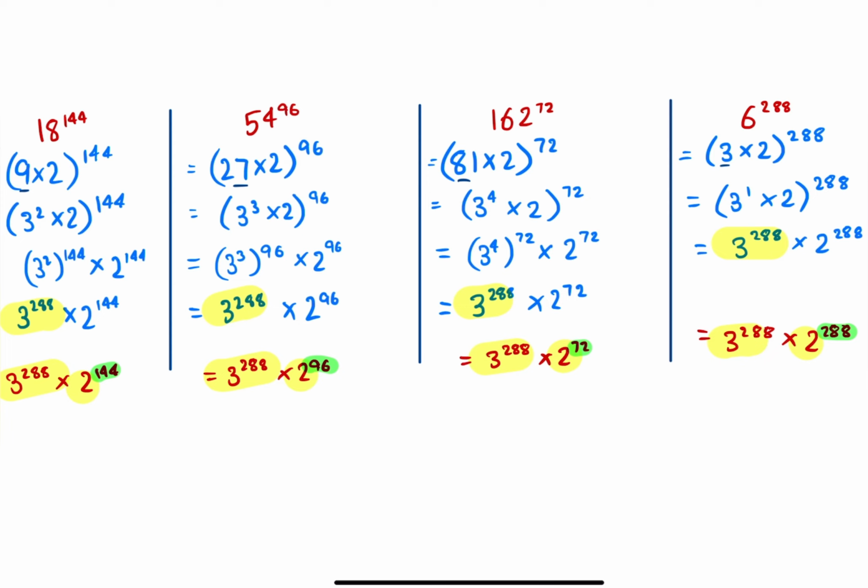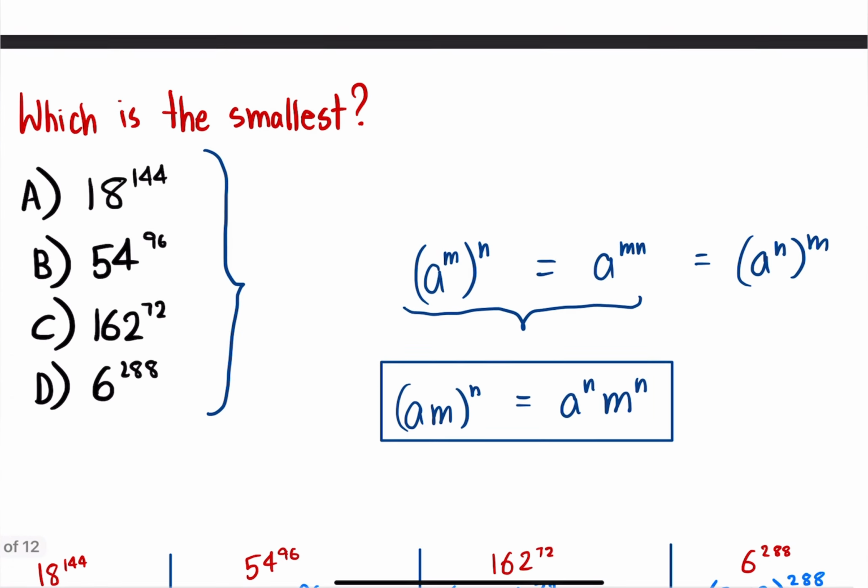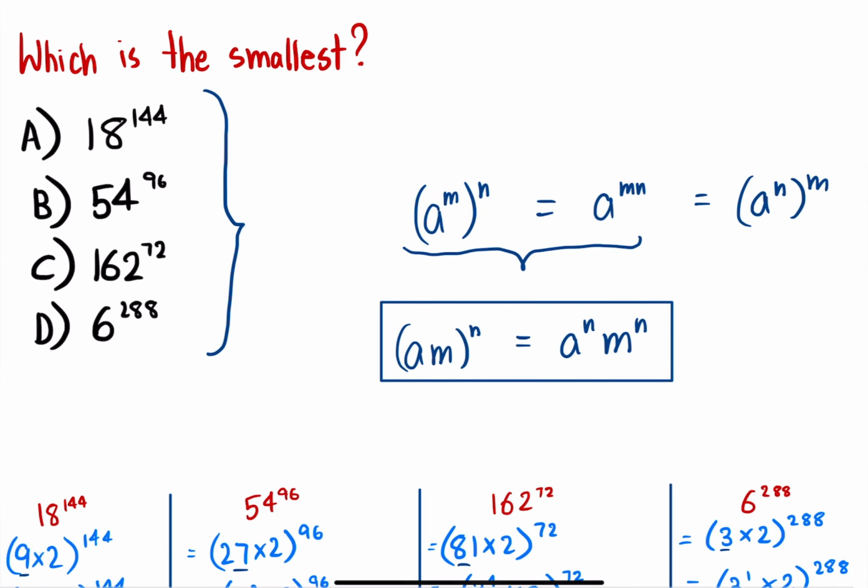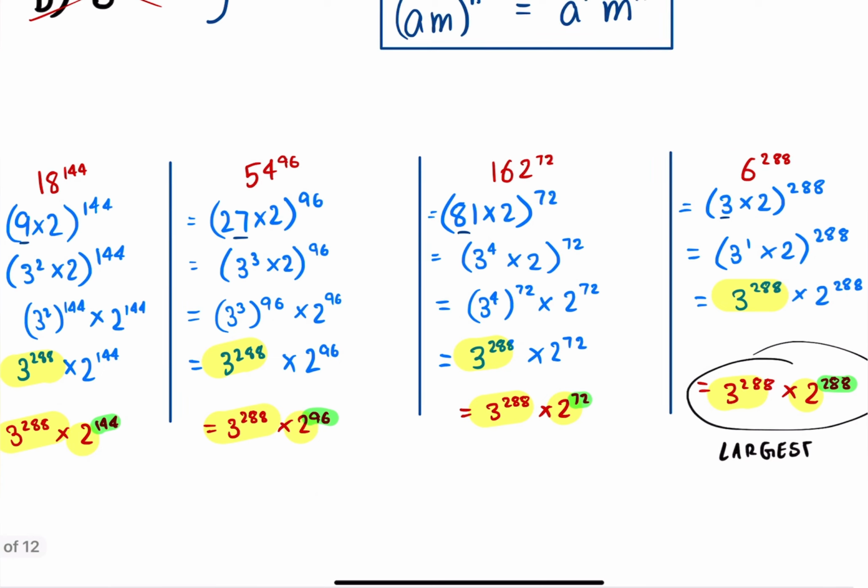So over here, that would be 3 raised to the power 288 times 2 raised to the power 288. So this is the largest number. But we've been asked to find the smallest term, so we can cross out D over here. D is not the answer.